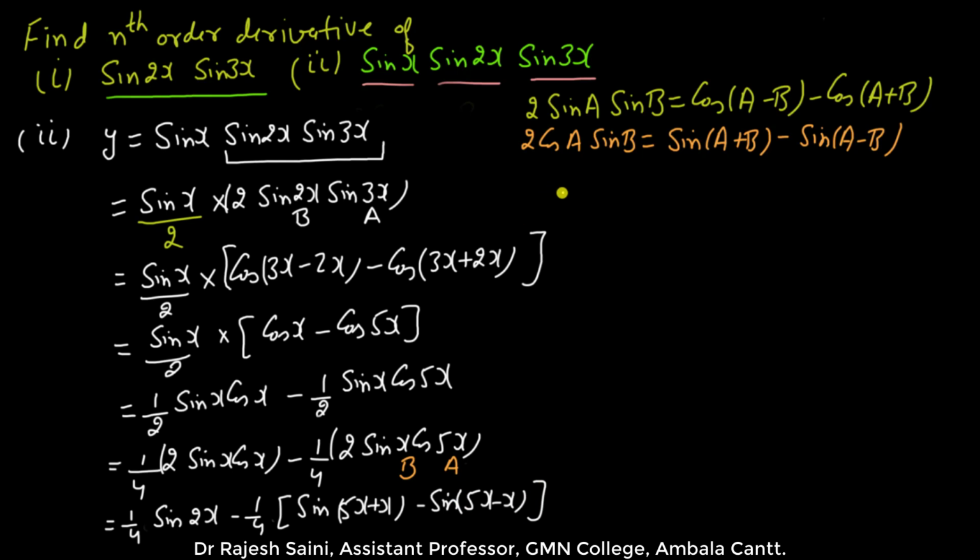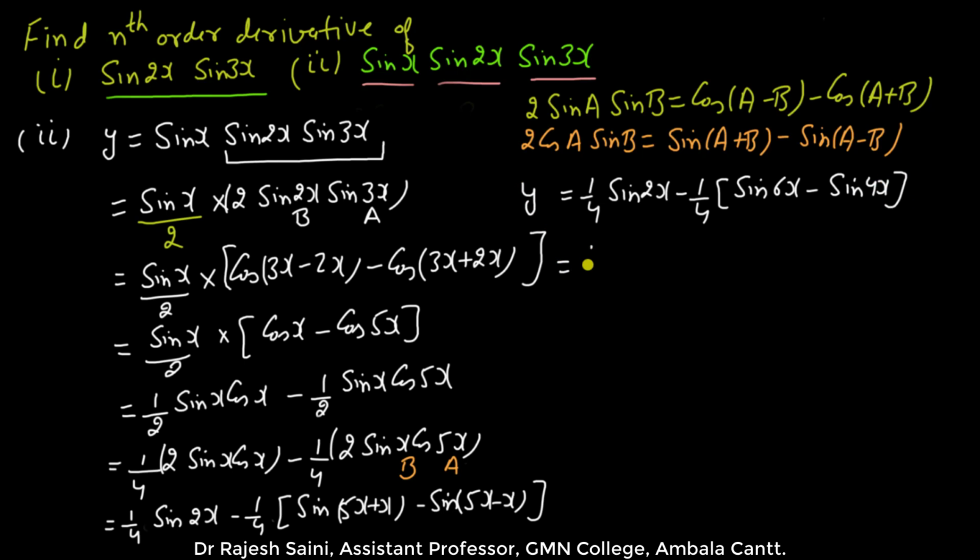This is equal to 1 by 4 sine 2x minus 1 by 4 sine 6x minus sine 4x.